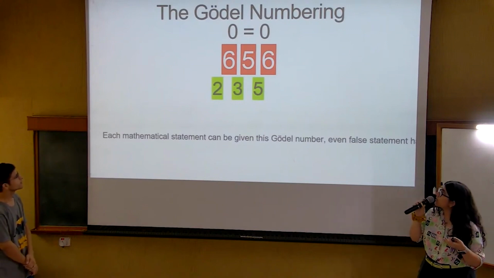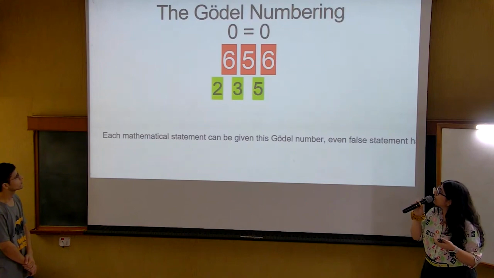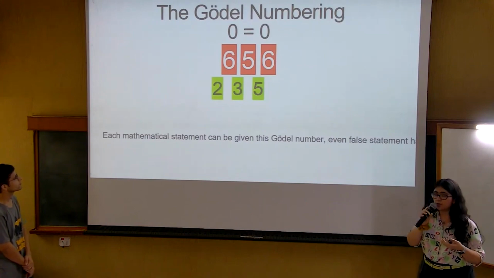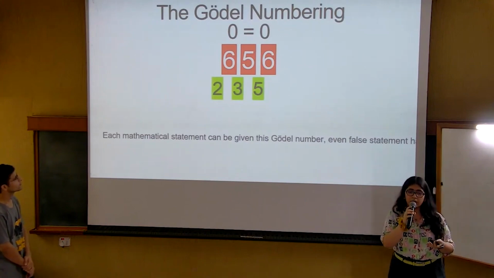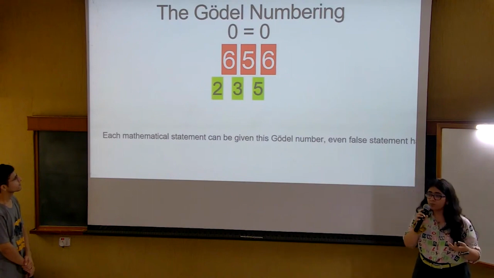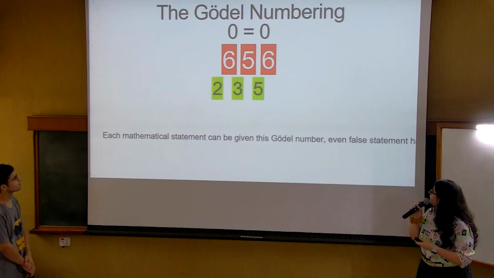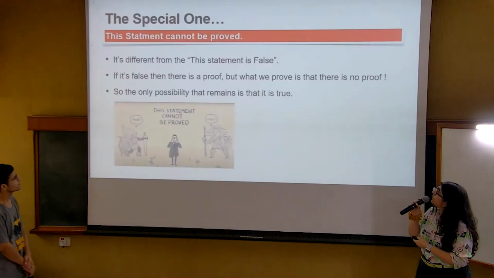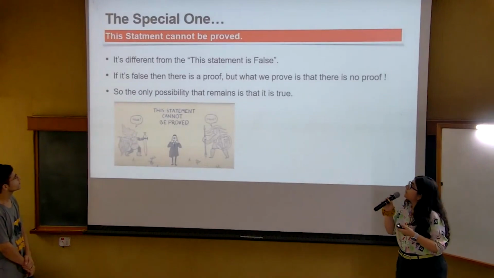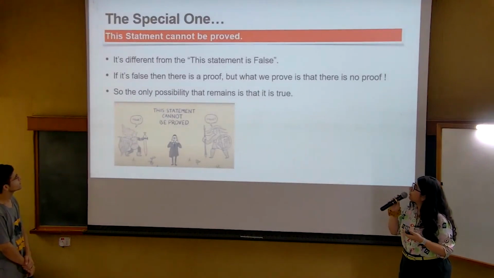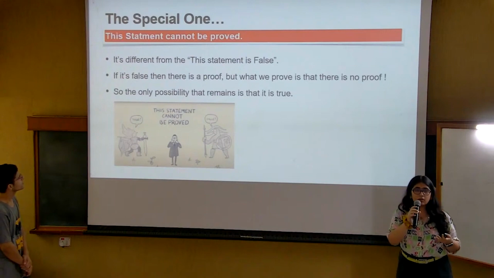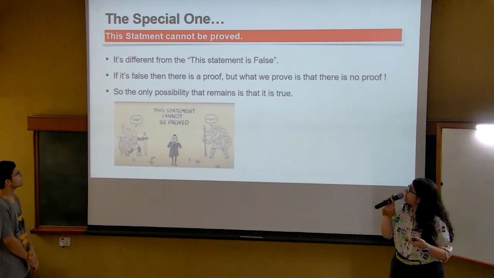So 2 raised to the power 6, times 3 raised to the power 5, times 5 raised to the power 6 will give us 0 = 0 according to Gödel numbering. And all statements could be represented in such a manner, even the false ones. The special one, which says that this statement cannot be proved, was represented using a Gödel number called G.